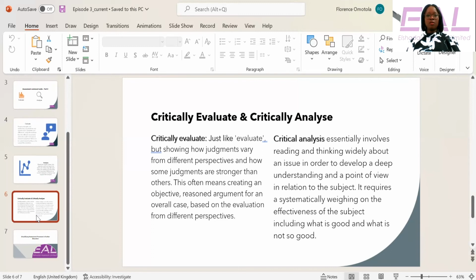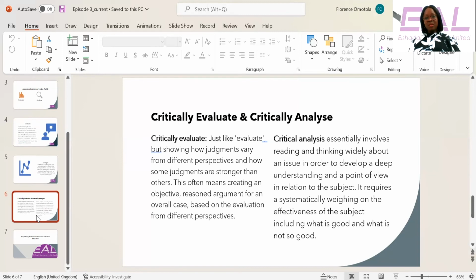So now, critical. Sometimes you get an assessment question that will ask you to critically evaluate or critically analyze. We've talked about evaluate and analyze.